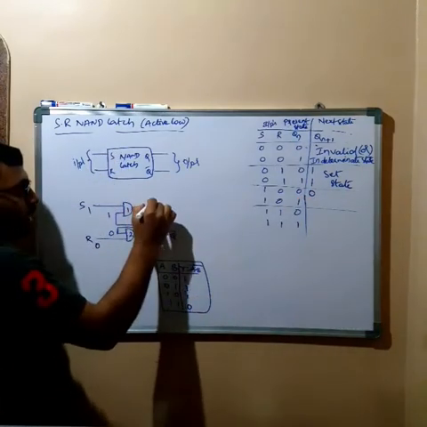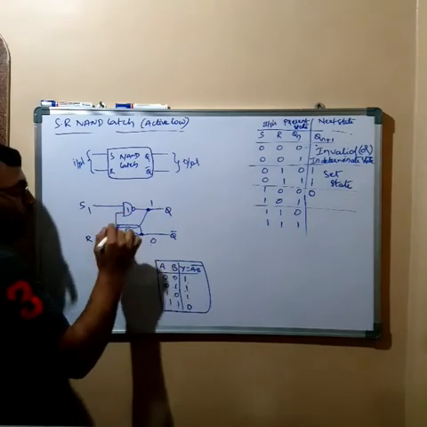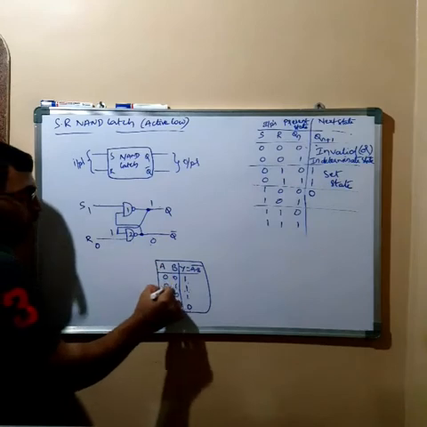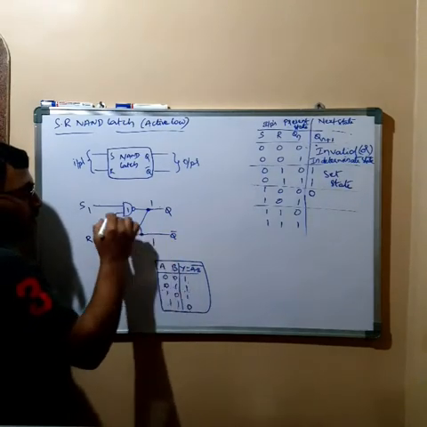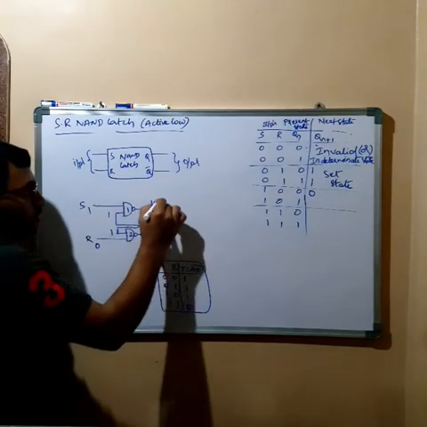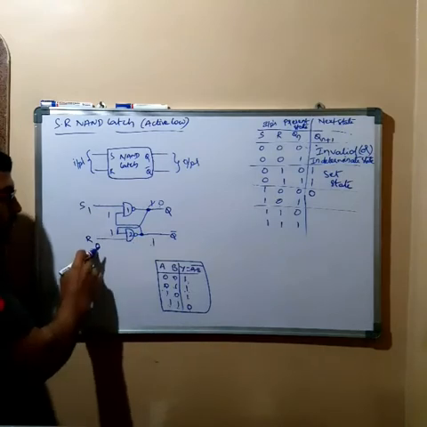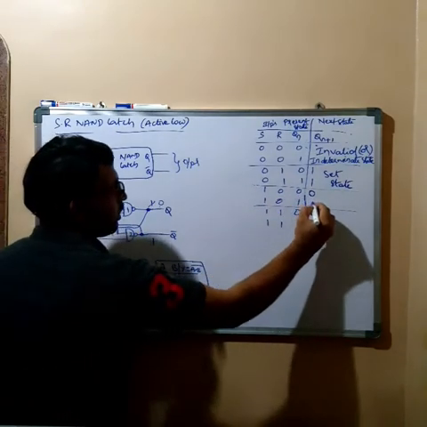Next, if you assume this as 1, the complement of this as 0 for the same inputs. 1 appears here. 0 1 will be 1. Next, 1 appears here. 1 1 will be 0. Right? For the same inputs, if you apply past output as 1, you get the next state as 0.